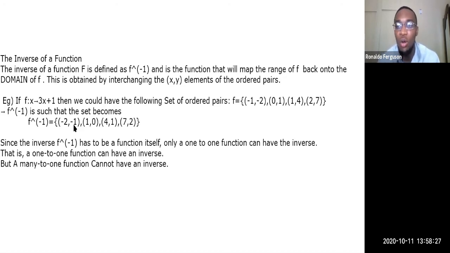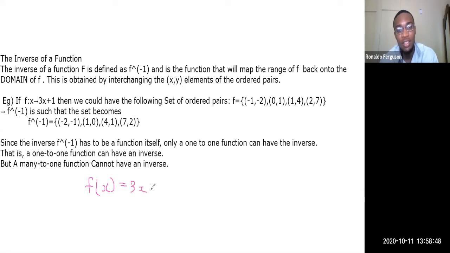Alright. So now, how do we go about finding the function f inverse of x? Let's look at that. If we have a function f of x, in this case f of x is 3x plus 1.